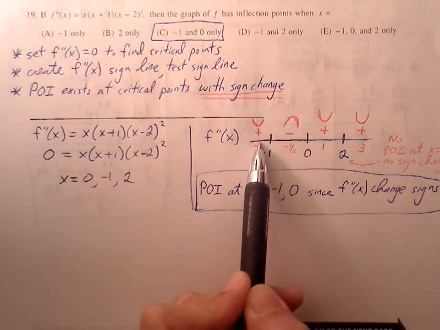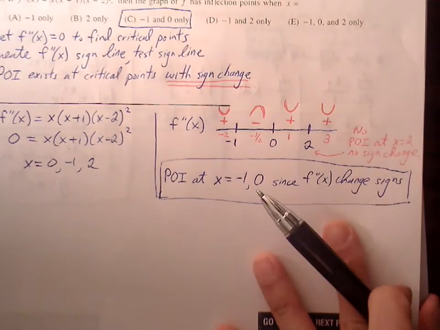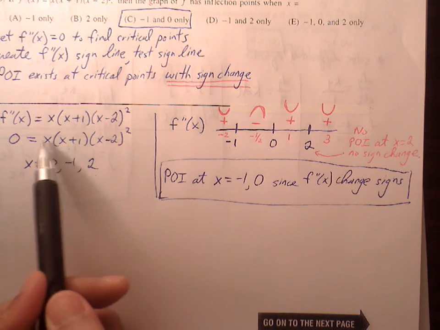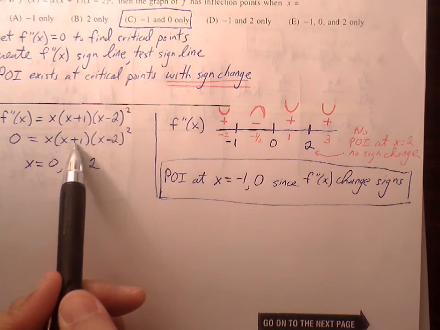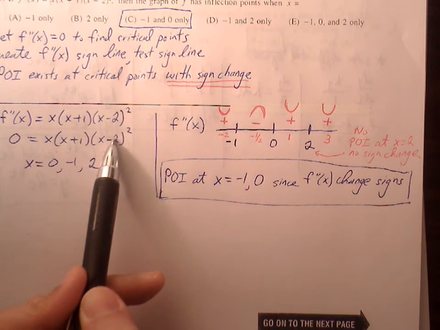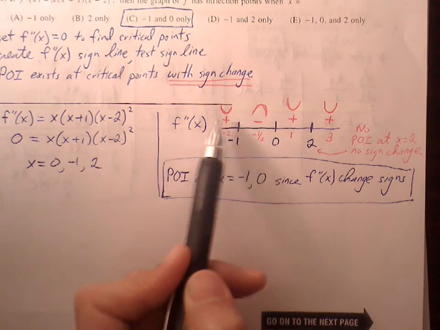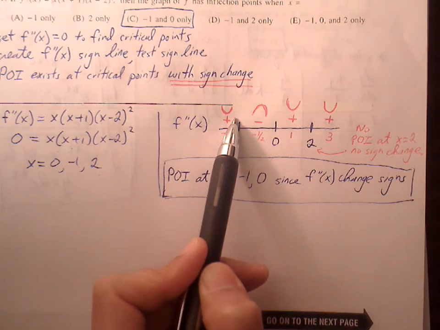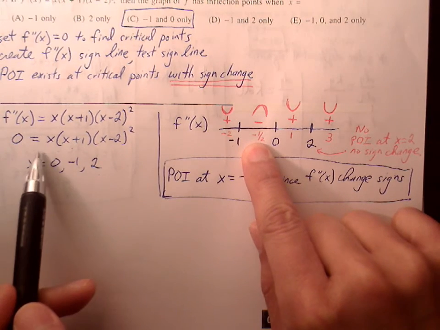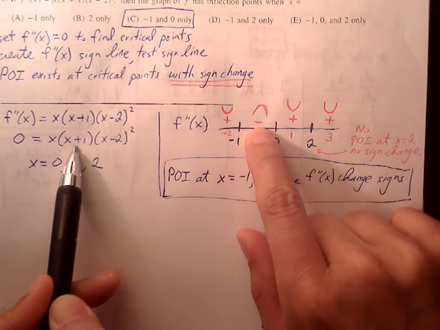Now we're going to choose values in each of these regions to plug into the second derivative function. If I plug in -2 for x, I get negative times positive. The nice thing is this term is always positive, so we don't have to test it. So negative times negative is positive. Next, we plug in -1/2, that's negative times positive, which is negative, so concave down.